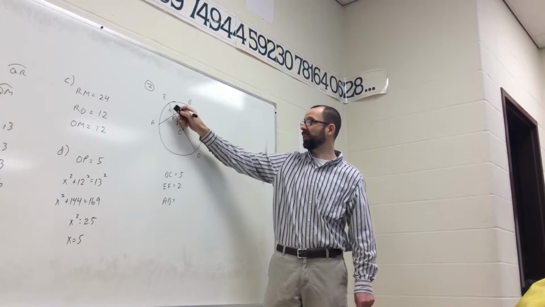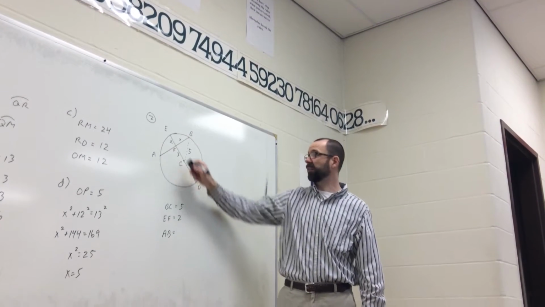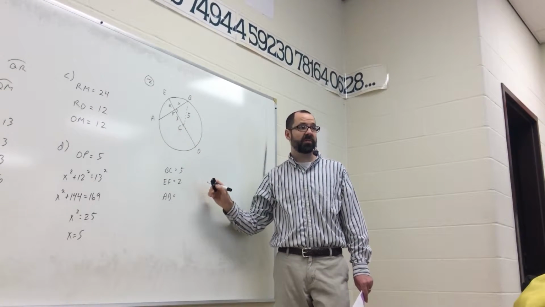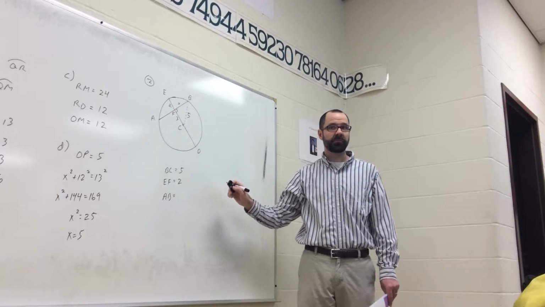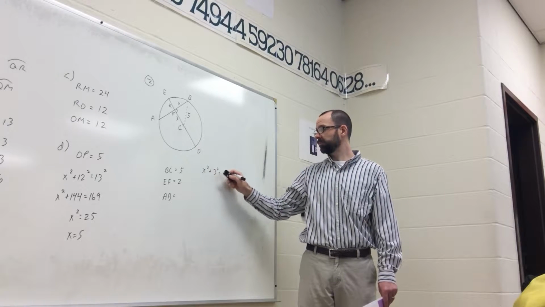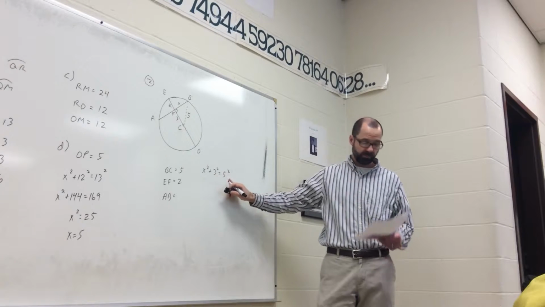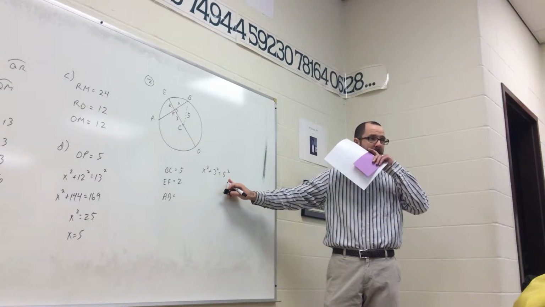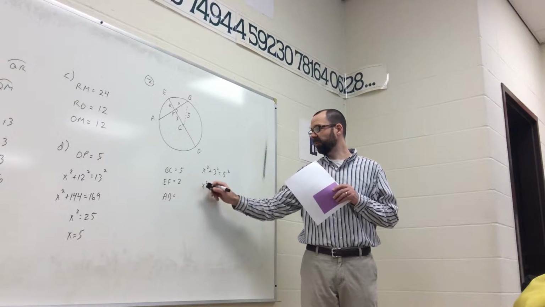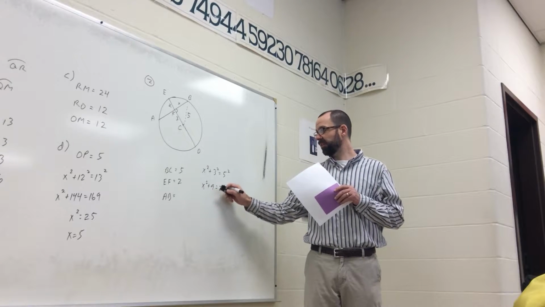So then I can put an X here, and this is a right triangle again. So x squared plus 3 squared equals 5 squared. So x squared plus 9 equals 25.